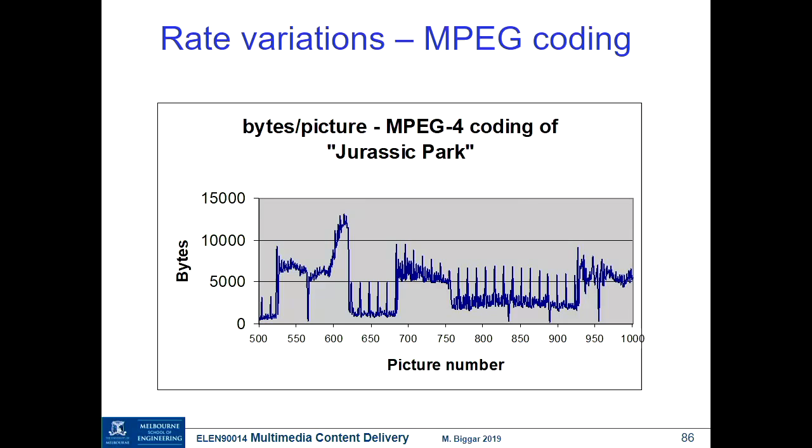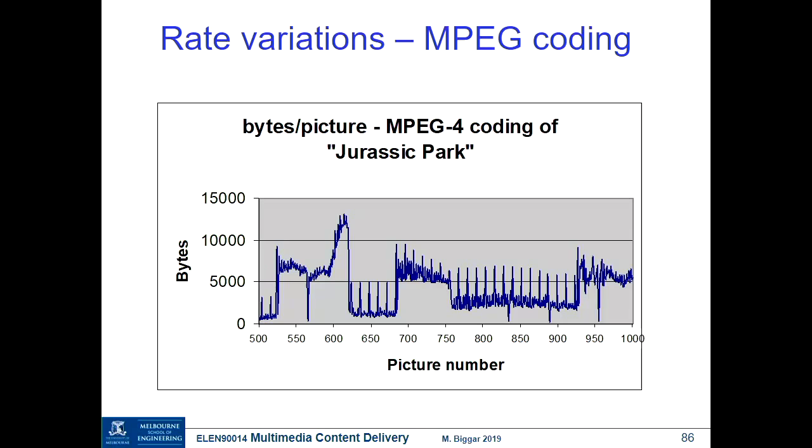Or lots of scene changes every half second or faster, and people running, and it's just very hard to perform prediction from one frame to the next, and so we don't see such a clear distinction between I and P pictures.